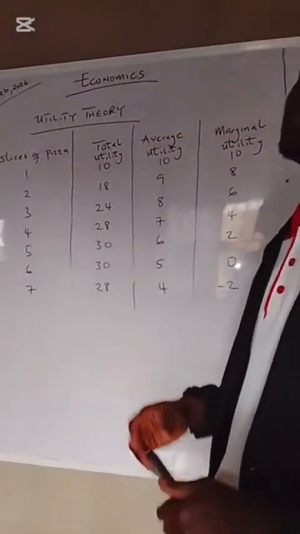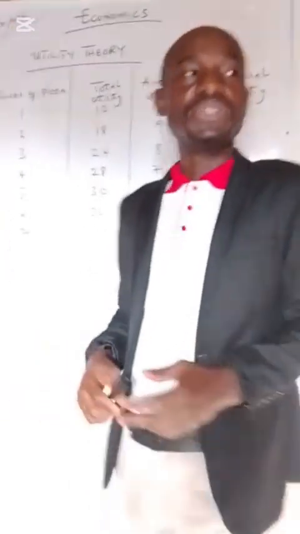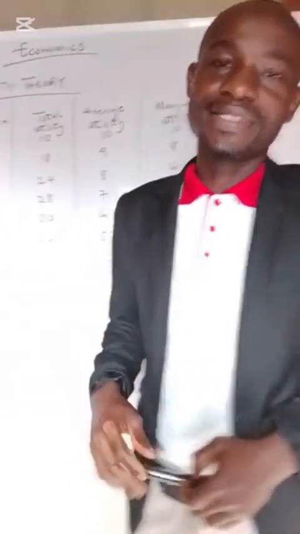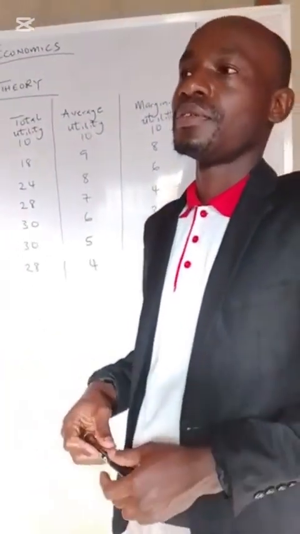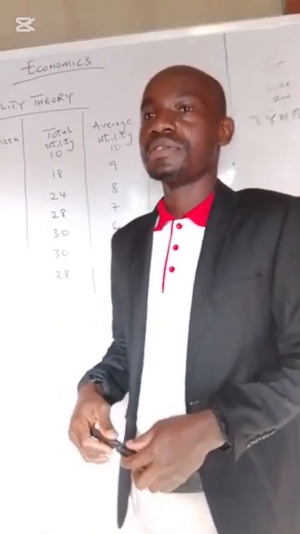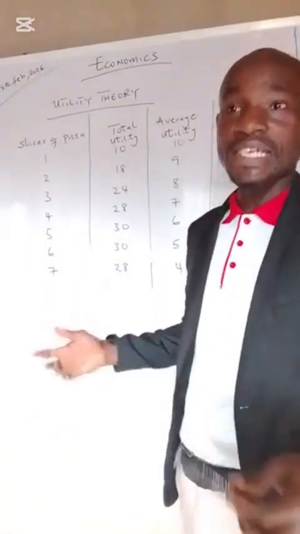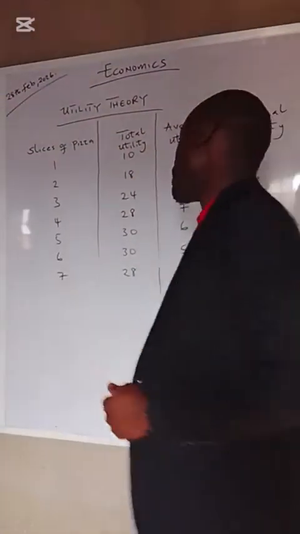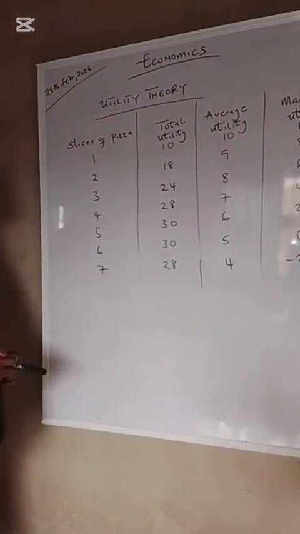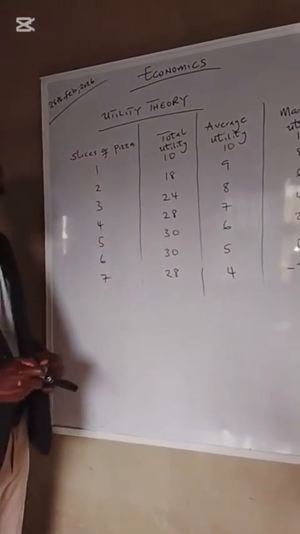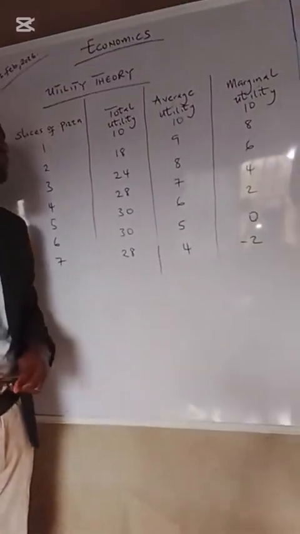Assuming you are feeling hungry now, what you are expected to do is to eat. Let's assume you choose to take some slices of pizza, like what is stated on the board here. You want to take some slices of pizza to quench your hunger, to satisfy yourself.